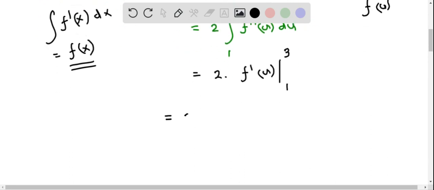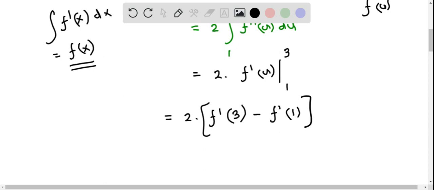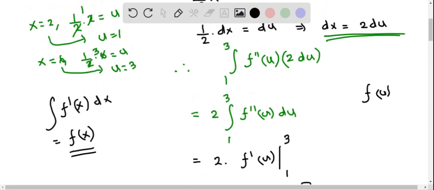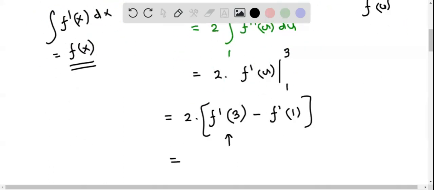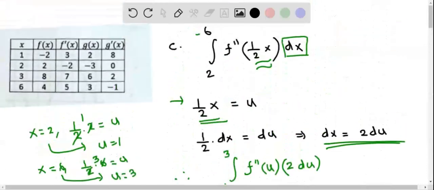So this becomes 2 times f prime of, in place of u we put 3, so it becomes f prime of 3, and let's apply the lower bound now. This becomes f prime of, replace u by 1, f prime of 1. Now we can put in these values by looking at the table. We should find f prime of 3 and f prime of 1.